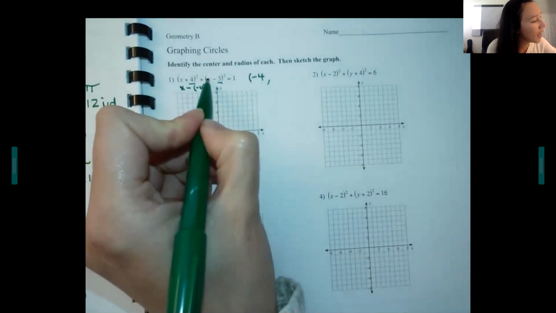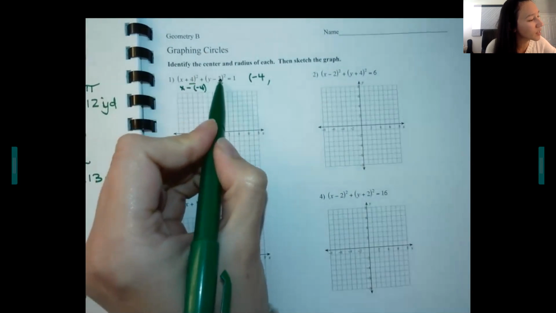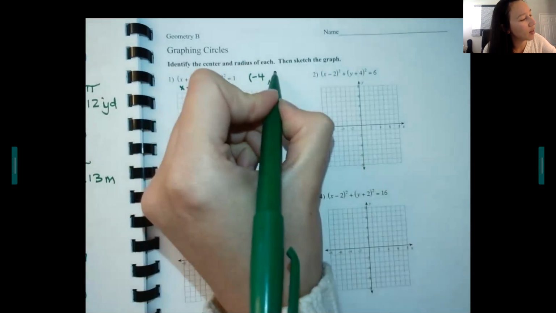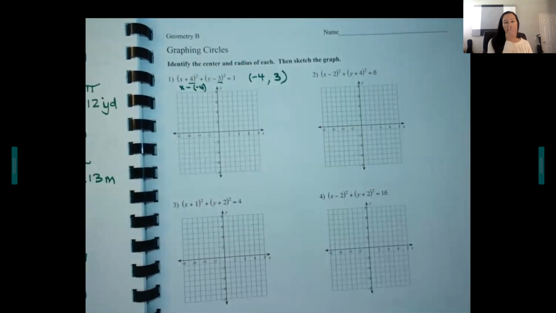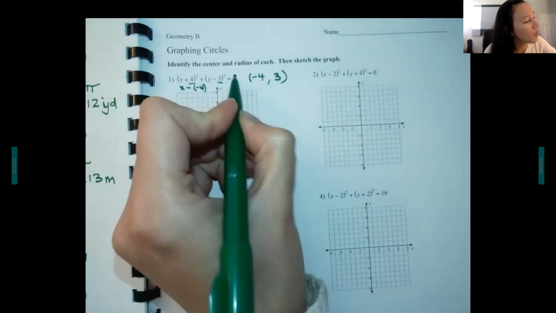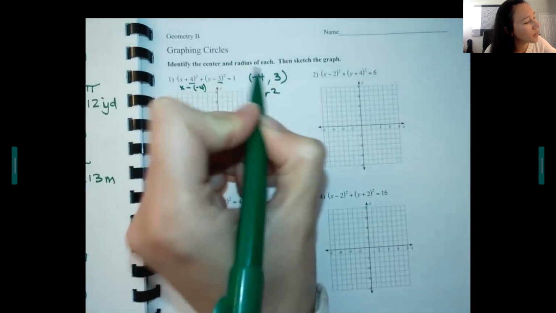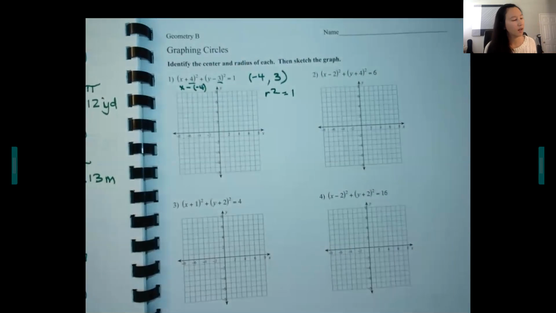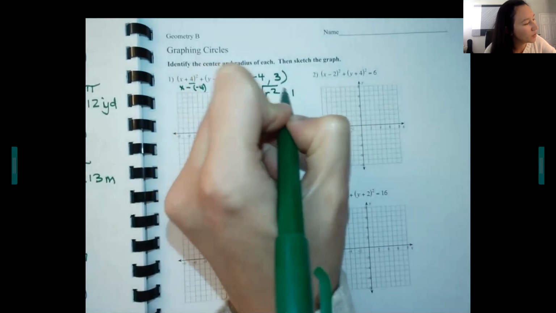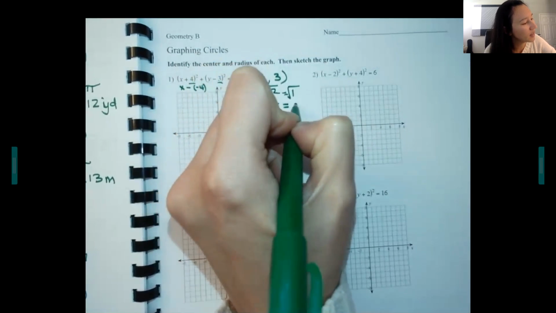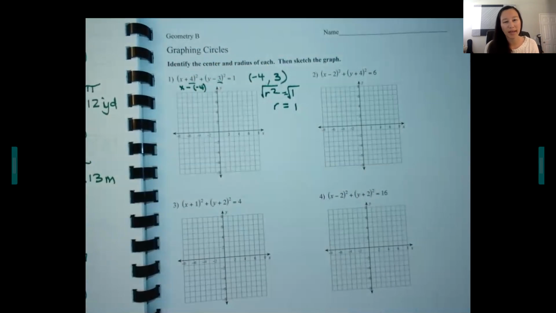And then for k, y minus 3, it's just the k, so that would be +3. That's our center. And then we know r squared equals this number, which is 1. We have to take the square root though to figure out what our radius is, and our radius is 1.